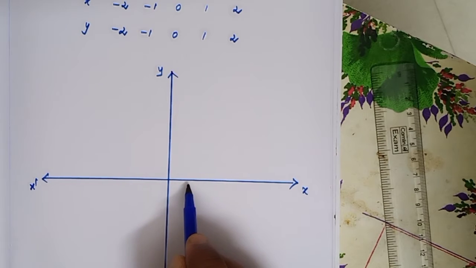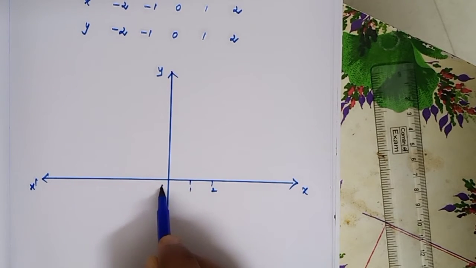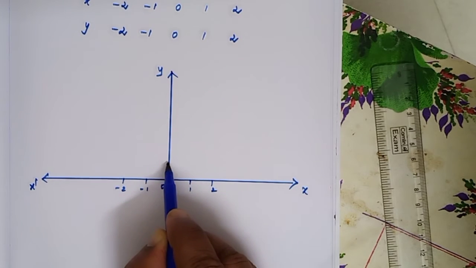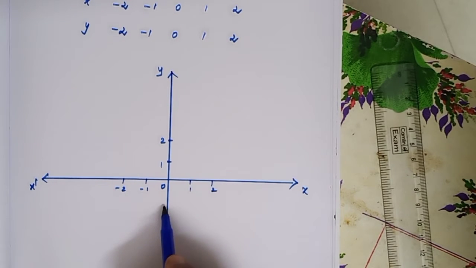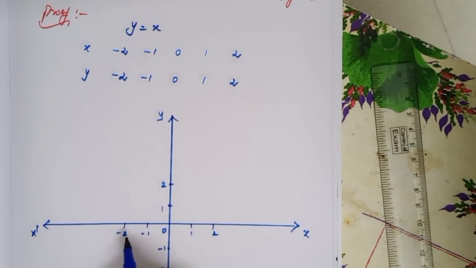Here I take 1, 2, 0, minus 1, minus 2, here 1, 2, minus 1, minus 2. Here the first point is minus 2 comma minus 2. You know how to plot a point in a graph.